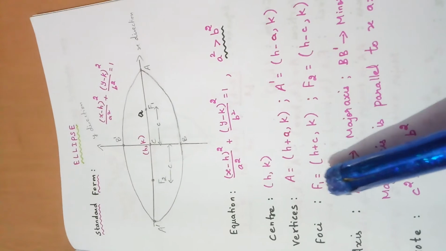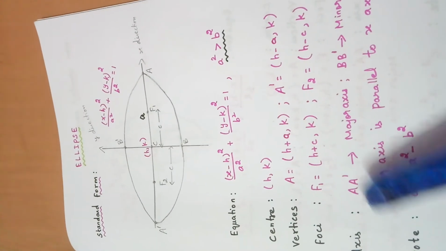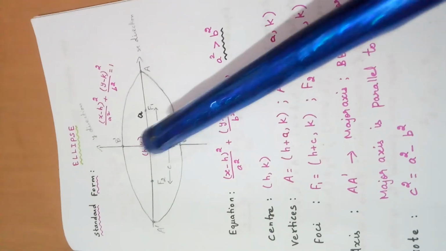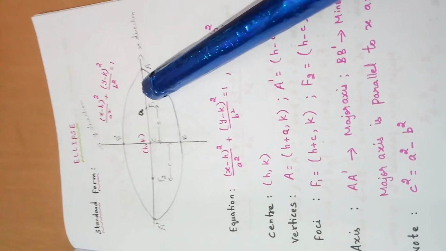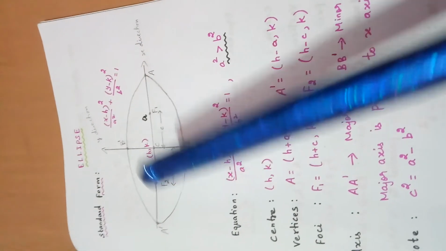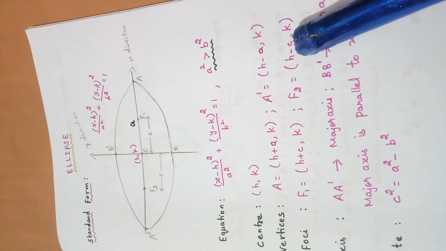So spend your time to learn these formulas first, then when we go to the problems it will be easy for you. So focus 1, since it lies in the right hand side, formula is h plus c comma k. Focus 2, since it lies in the left hand side, formula is h minus c comma k.